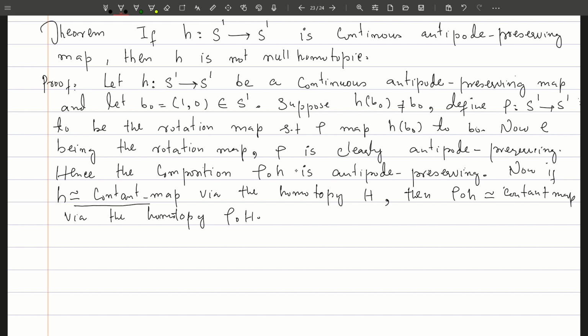So if these two maps are not homotopic, then these two maps cannot be homotopic.